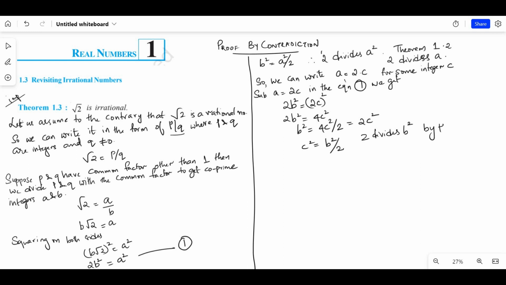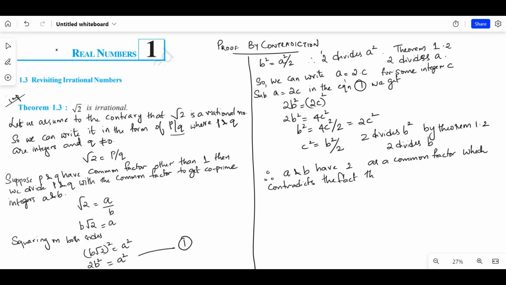So by theorem 1.2, we can say 2 divides b as well. So if 2 divides b square, then 2 divides b by theorem. Therefore, we can say both a and b have 2 as a common factor, which contradicts the fact that a and b are co-prime.